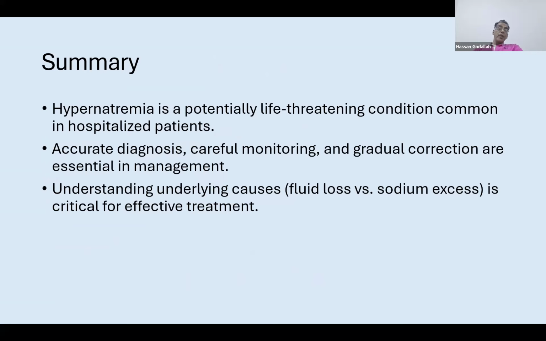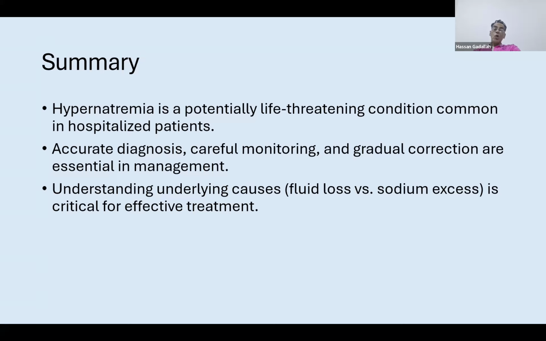So finally, hypernatremia is a potentially life-threatening condition. It is common in hospitalized patients. Of course, we have to be careful about accurate diagnosis, monitoring, and correction based on the guidelines, whether it is acute or chronic.